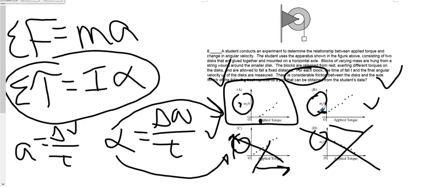That would be kind of the opposite of friction, if there was something causing it to rotate before someone's pulling on it or another mass hanging from it. But the answer here clearly has to be A. This is just a second law problem applied to rotation.